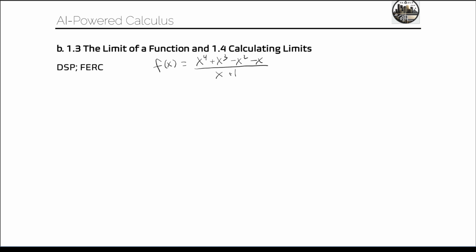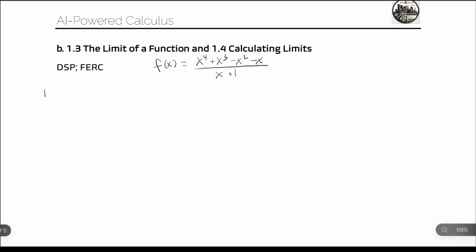All right, in terms of the limit of this function, notice we haven't graphed it yet. What we're going to do is just take the limit as x approaches some value.